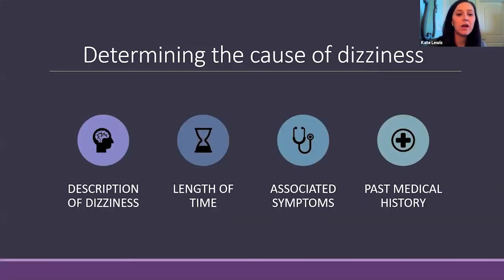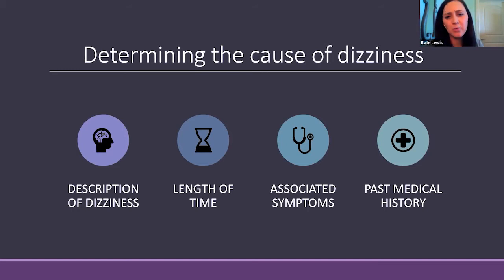When we're determining the cause of dizziness, there are things we like to keep in mind when trying to figure out where it's coming from. I always tell my patients that dizziness is kind of like pain, in that there are a lot of different things that can cause it. And dizziness, like pain, is an alarm to our bodies that something is out of whack, something's out of place.